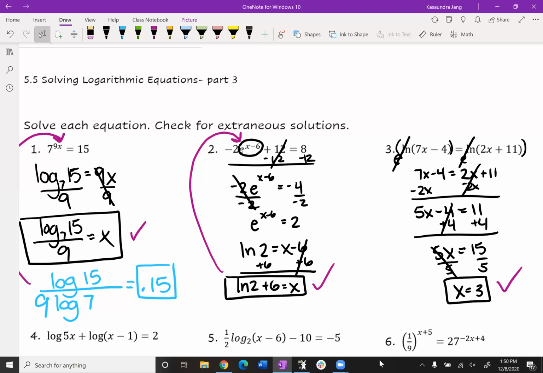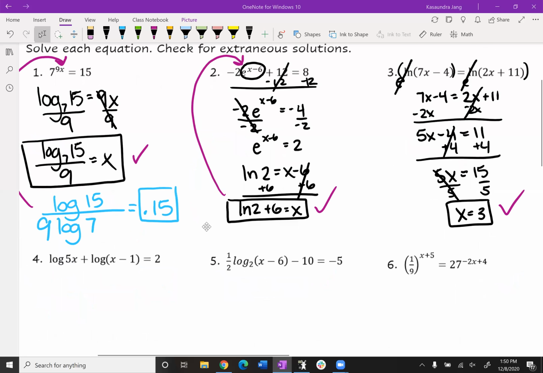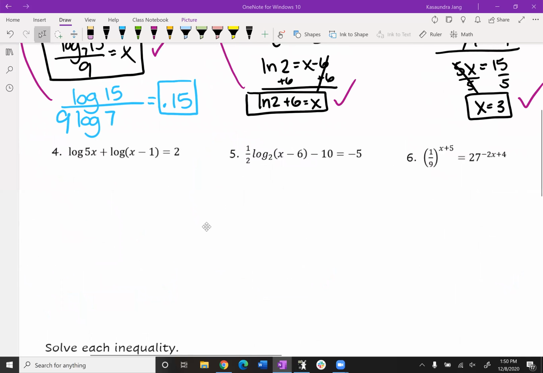Okay. Well, if you guys are good with these first three, I'm going to step it up a notch here. I'm going to go to number 4. And this is actually, Laura, what we were talking about at the beginning of class. Remember there were those log rules that we had to use to either expand or condense?